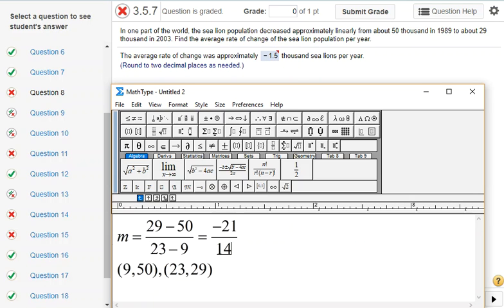If I divide that, it's going to give me negative 1.5. So that would have been my answer for my slope, and that is what the correct answer shows up as right here. So we're just running two ordered pairs and finding the slope, because the average rate of change is slope. Let's look at a few more.